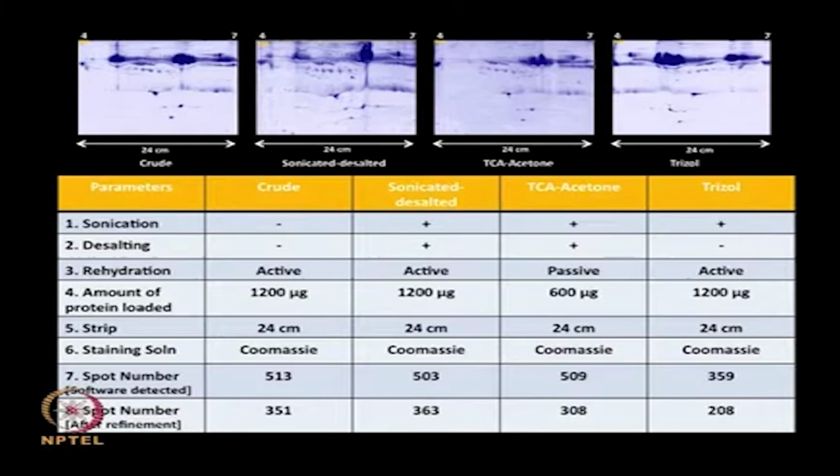We looked at the effect of sonication, desalting, rehydration, amount of protein loading, type of strip, staining solution, how many spots we can resolve on these gels, and then, since automated software analysis gives a lot of artifacts, how many real spots we can obtain after manual refinement.